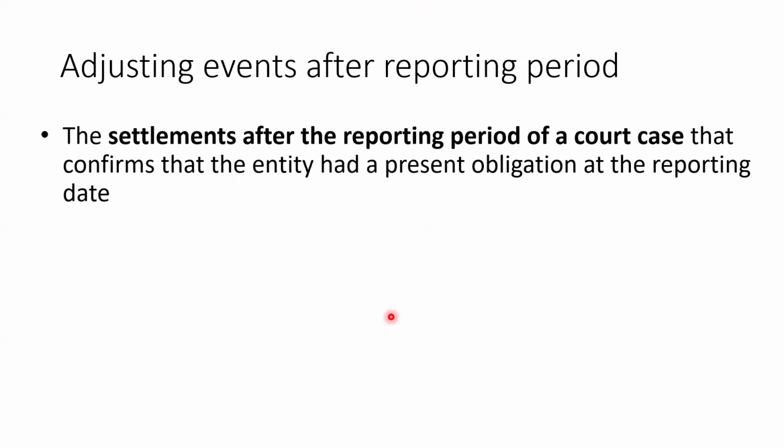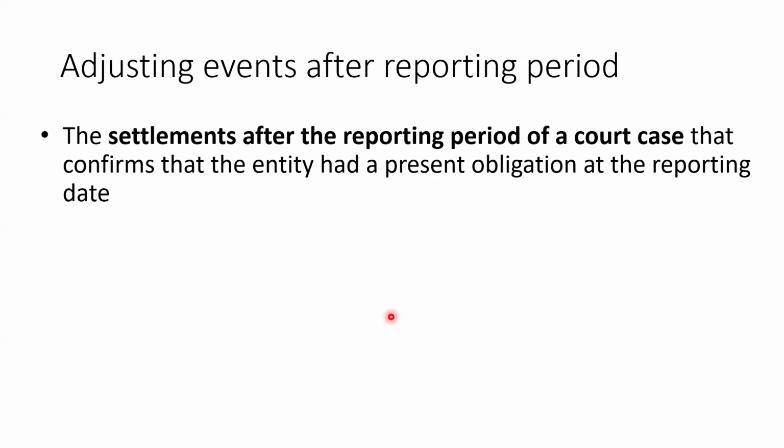We have a lot of examples. The settlement after the reporting period of a court case that confirmed that the entity had a present obligation at the reporting date. So after the reporting date and before the authorization date, if you have to settle a court case, then probably the process started way back in the reporting period, and it has now concluded.